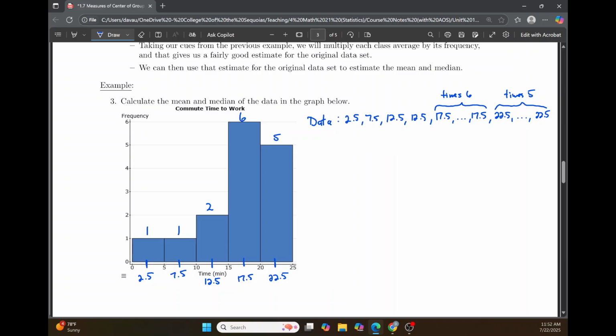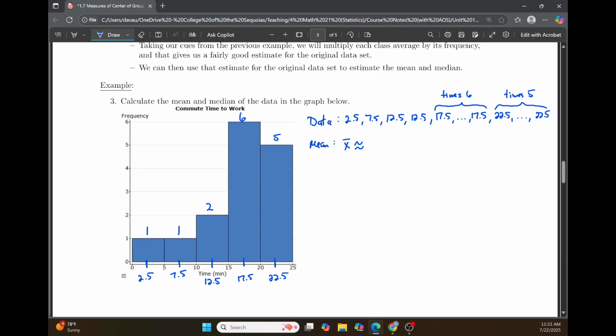And I think once you have the data set written out like this, finding the mean and the median is not too terrible. So for the mean, x bar, here I'm going to use an approximation sign because, again, this is just our best guess. It's an estimate, so it's maybe not exactly the value of the sample mean. But what we would do is add up the values in the data set and then divide by the number of values in the data set.